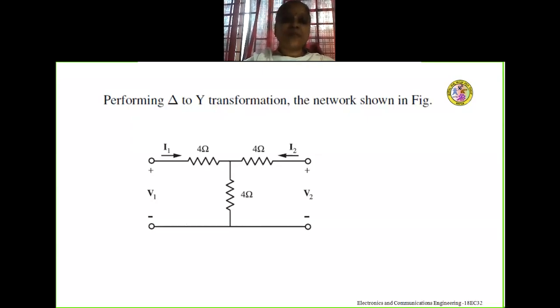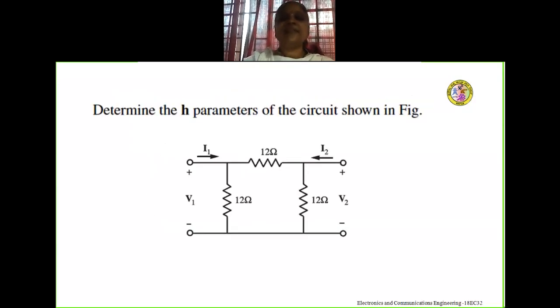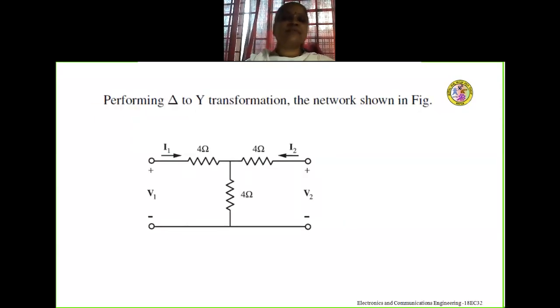So performing the delta to star transformation, we can see the previous network like this. Since here we have all three resistors the same, that is 12 ohm, all the resistors present in the star network are the same, that is 4 ohm.